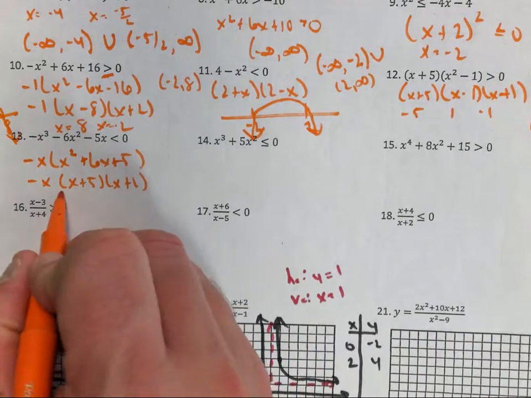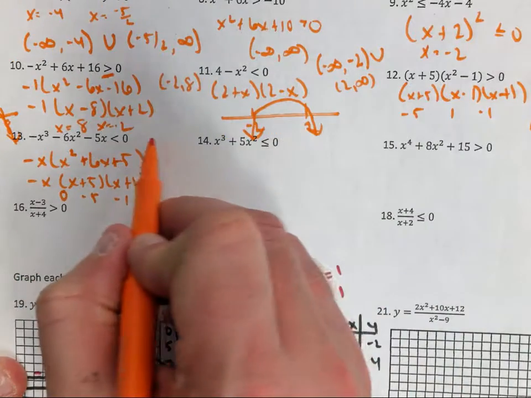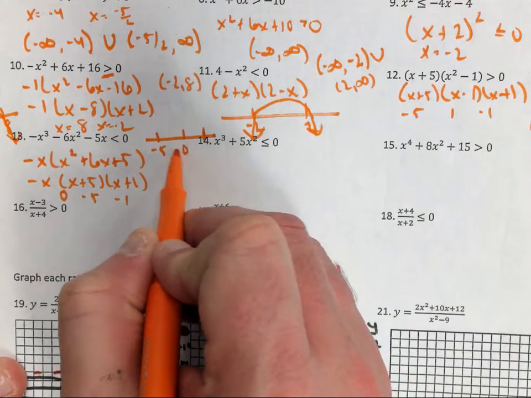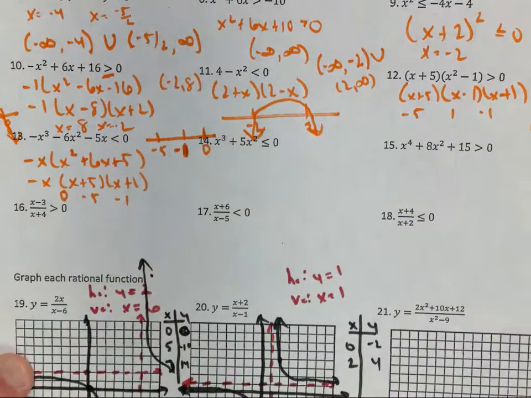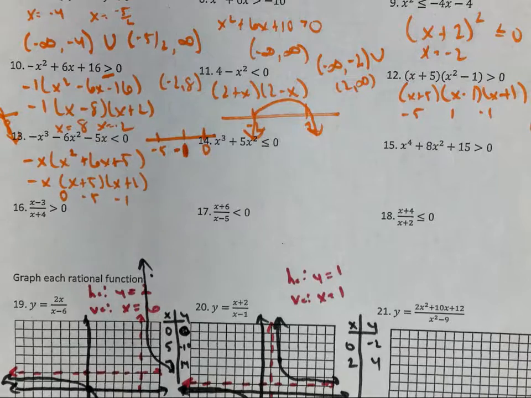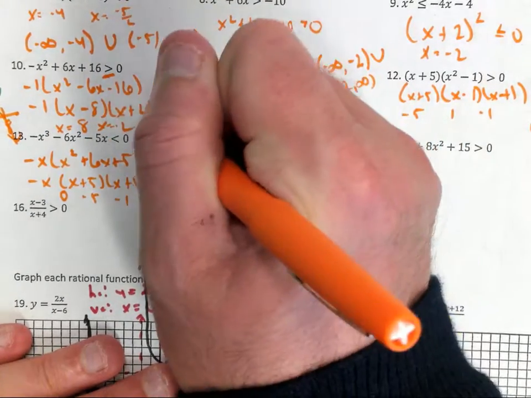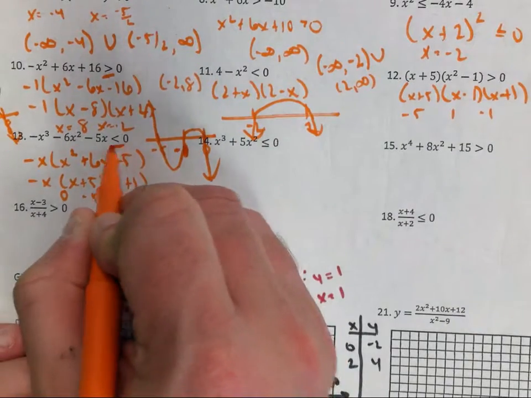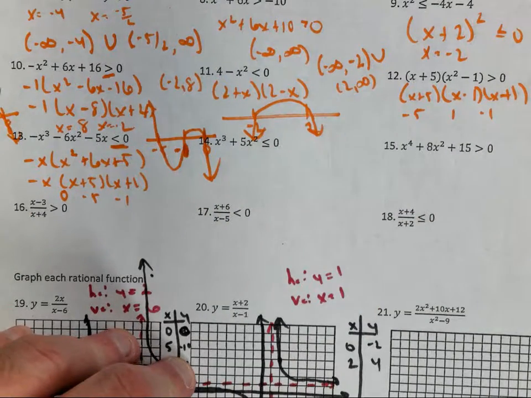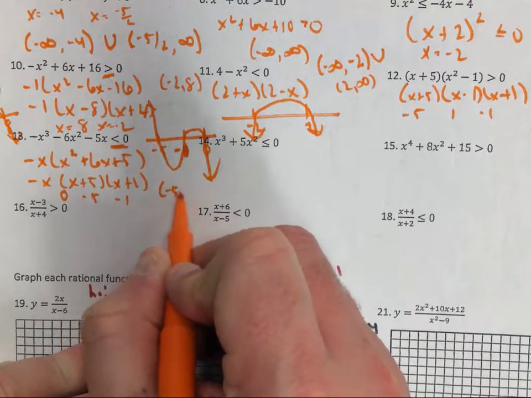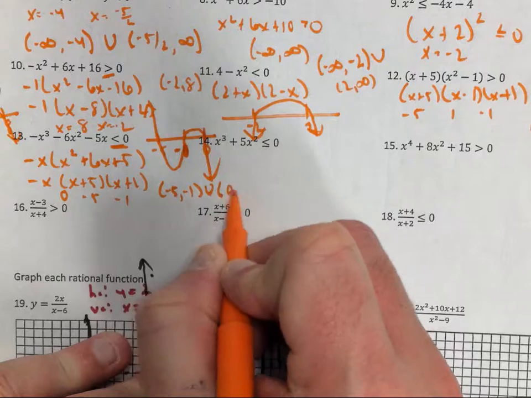So my zeros will be 0, negative 5, negative 1. Now my leading coefficient is negative. So I'll be increasing from left to right or decreasing? Do I have any multiplicity to worry about? I want it less than 0. Where is it less than 0 at? From negative 5 to negative 1, union 0 to infinity.